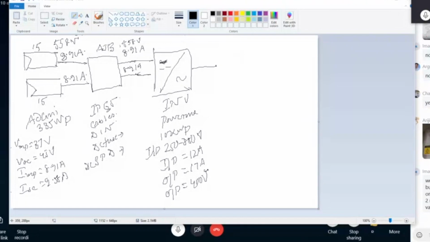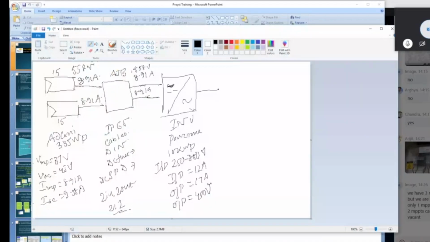Obviously from the inverter we are getting a single output. So our AJB has 2 inputs, 2 outputs. In simple terms we call it a 2:2 AJB, right? But from the inverter we will be getting 1 output. So in our inverter the 2 strings are getting paralleled.